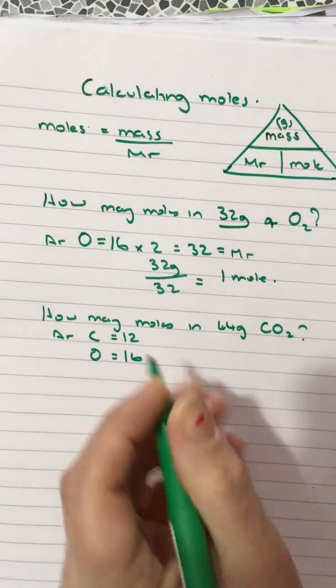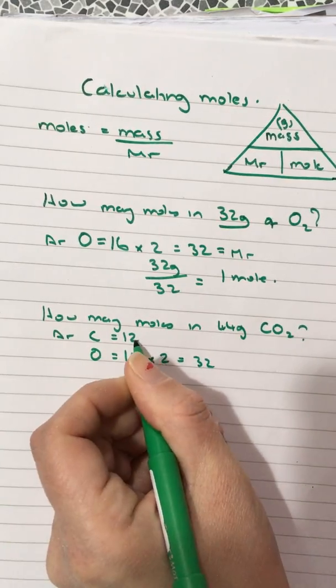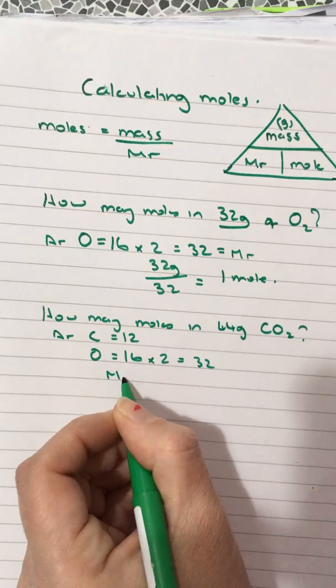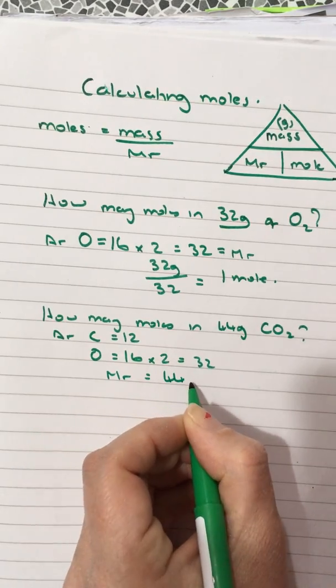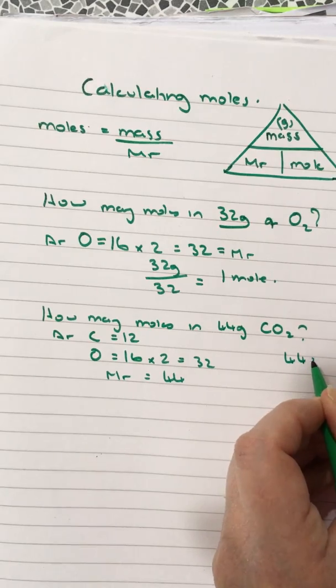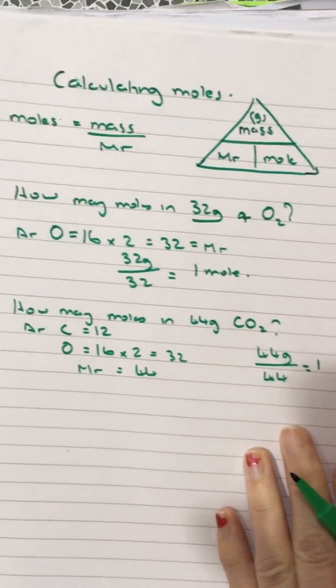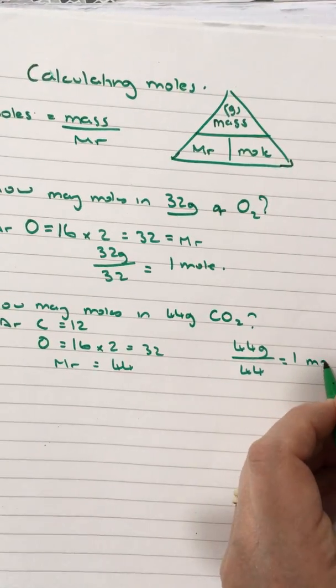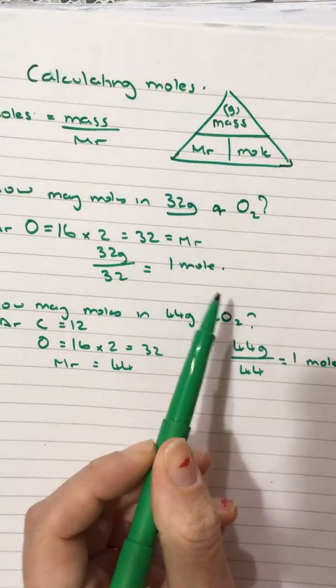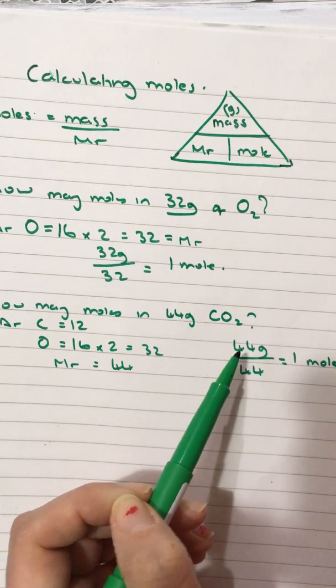You've got 2 oxygens, so 16 times 2, so that's 32. So you add the 12 and the 32, so the total Mr is going to be 44. So again, a nice simple calculation: 44 grams divided by the Mr of 44 equals 1 mole.